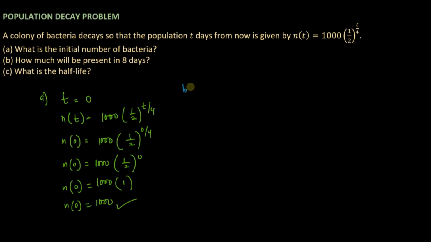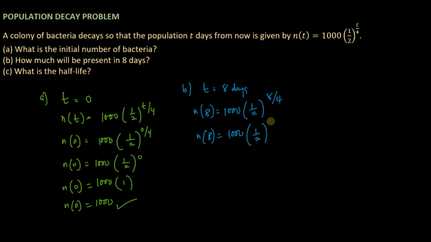Okay, so letter B. How much will be present in 8 days? So we have time equals 8 days. So we have to find N of 8. So we have 1,000 times 1/2 raised to 8 over 4. 8 divided by 4 is 2.